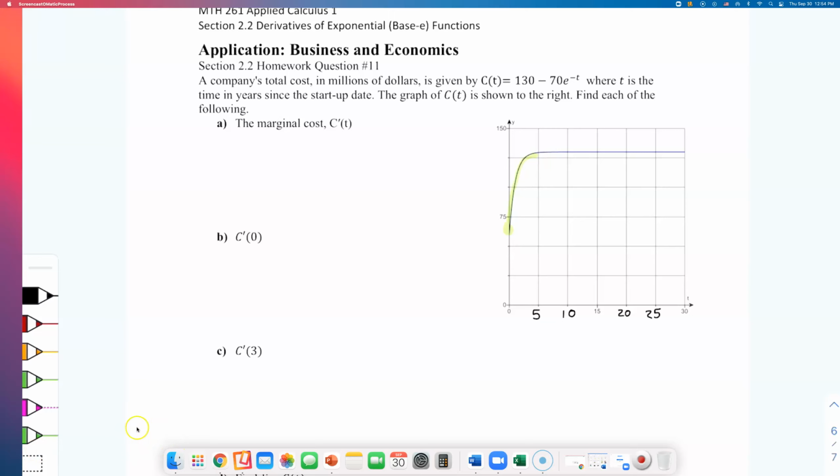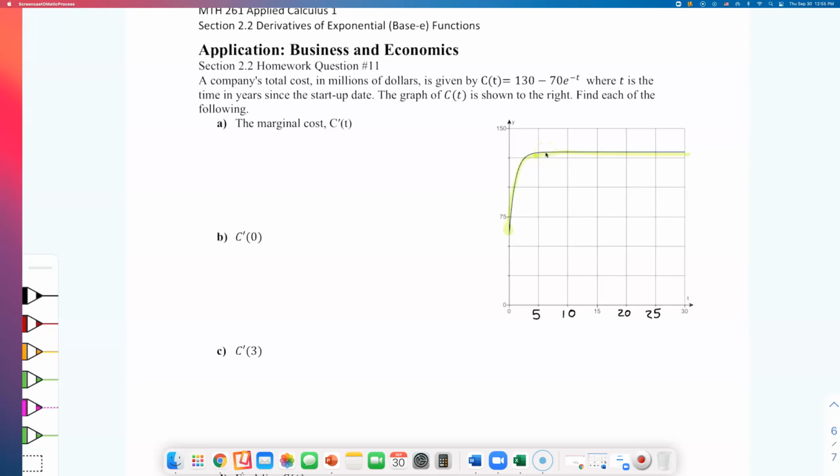So after year 5, the cost is not really increasing much. It's kind of remaining about the same. Maybe when they first started, they bought a whole bunch of equipment in that first 5-year period, and after that it's not really costing them so much to run this.